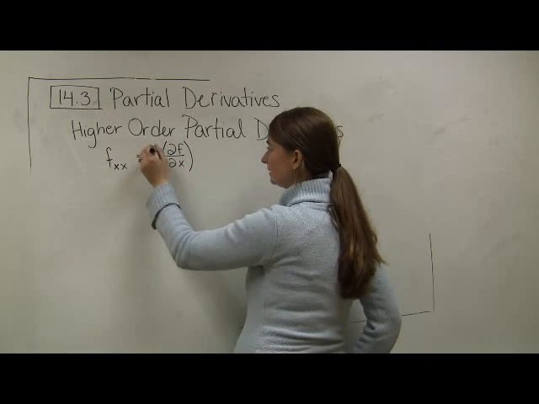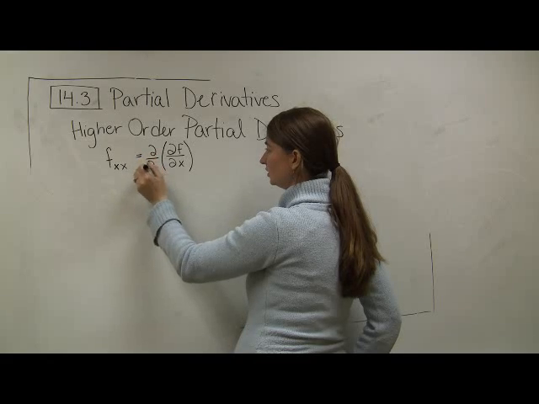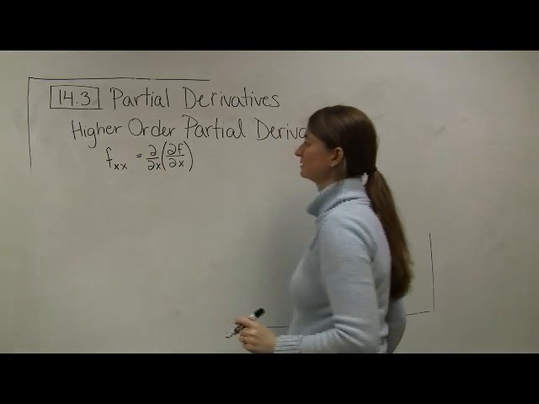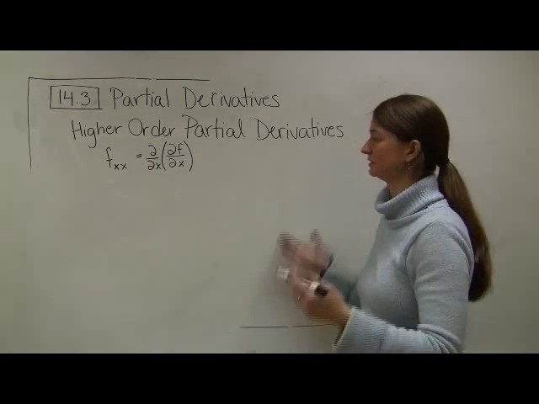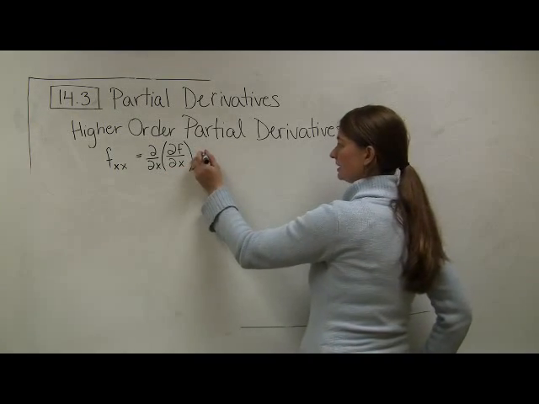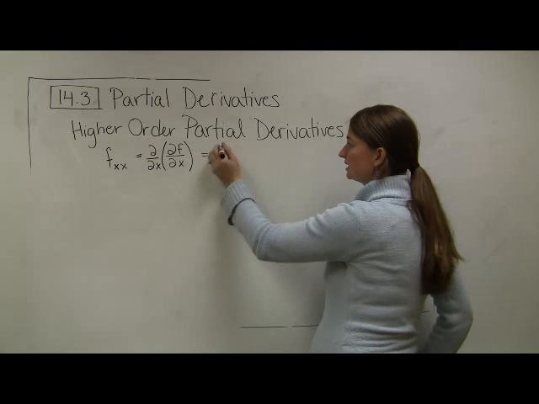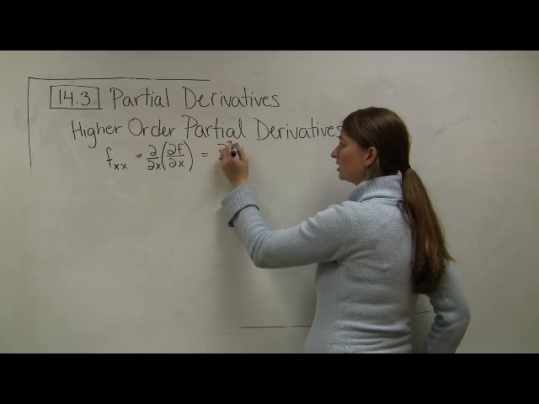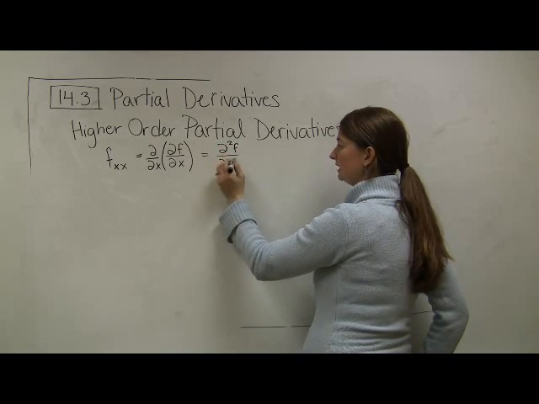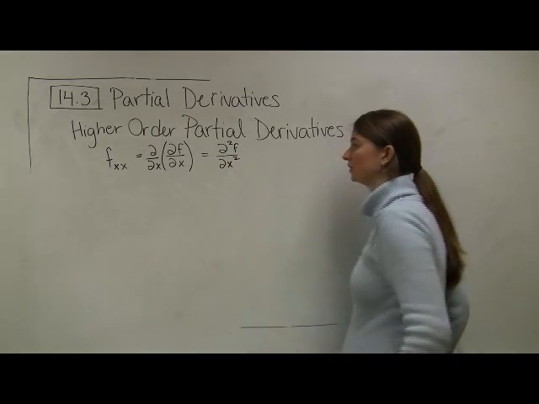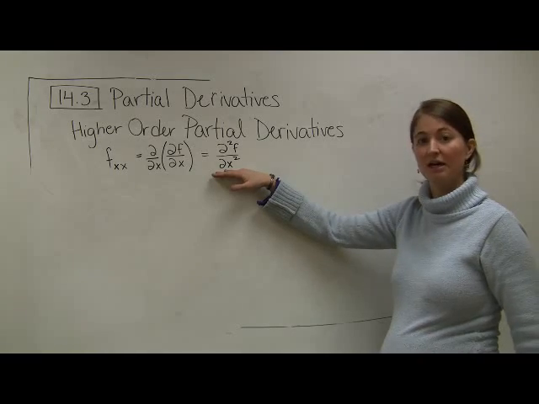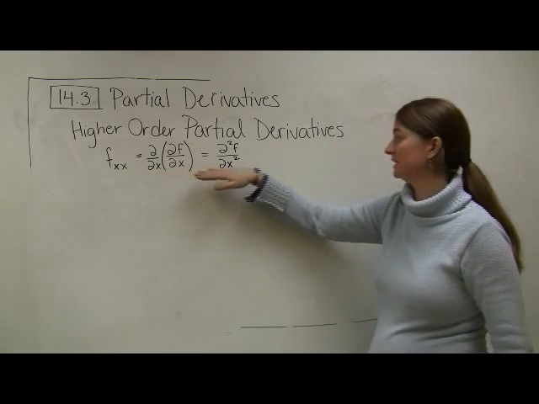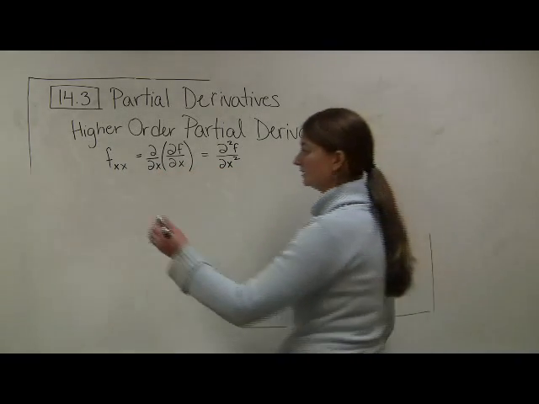And notationally, I'm taking another derivative with respect to x. So I'm taking the inner derivative first and then the outer derivative second. It doesn't matter, they're both x's, so you get the same thing. Another notation for this is d squared f dx squared. All of these 3 things are the same thing.